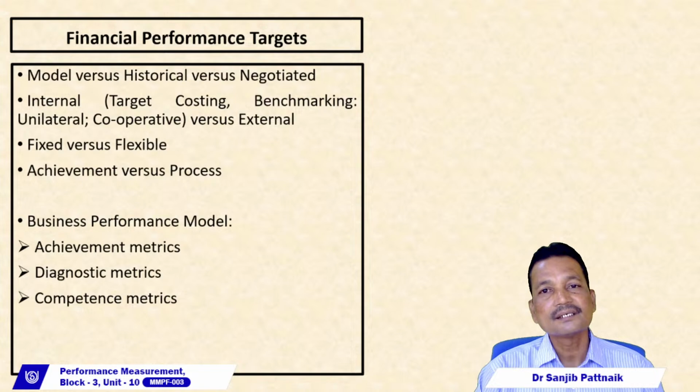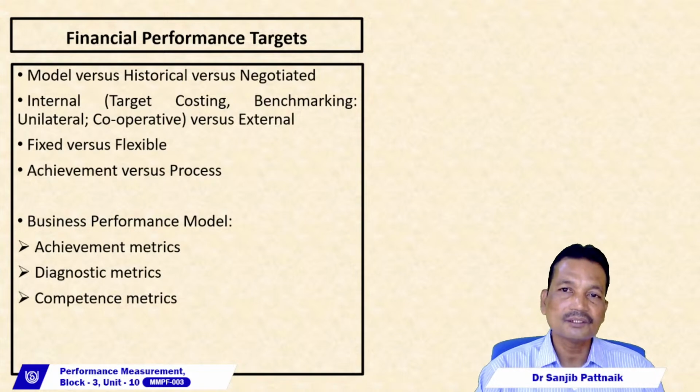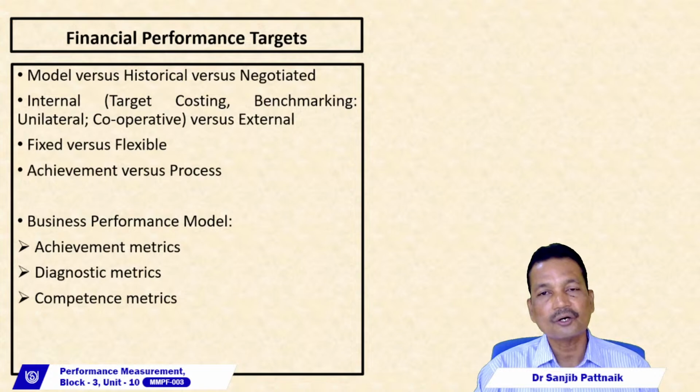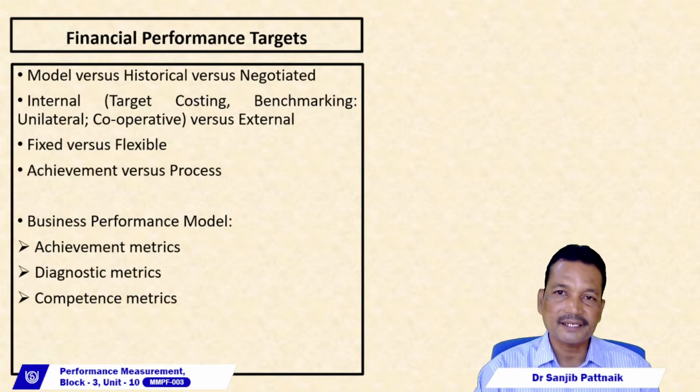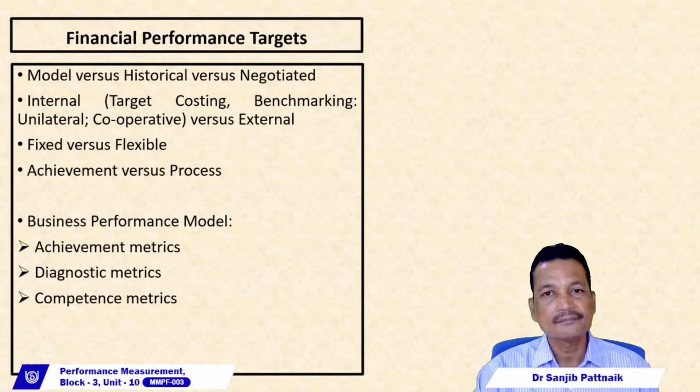That means for every 10 kilo, 6 kg is the output, or output is 60% of the input. That means a mathematical relationship can be created between these two variables, which is nothing but an engineering model or engineered model. So this comes from the causal relationship.